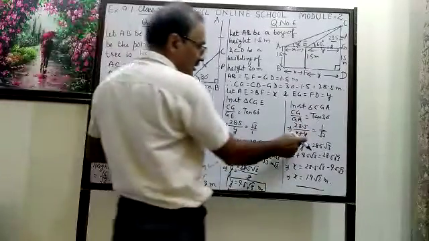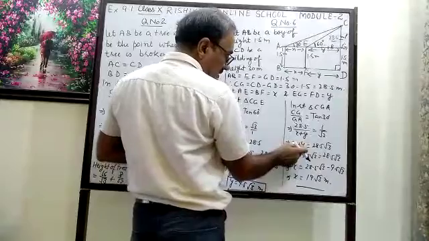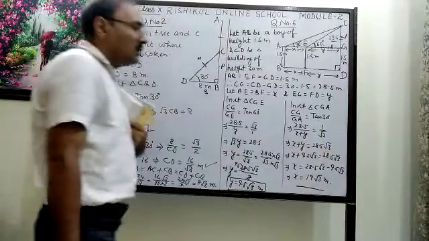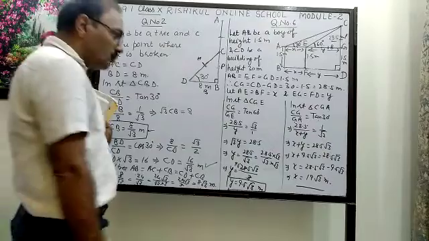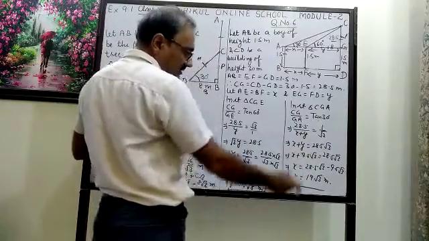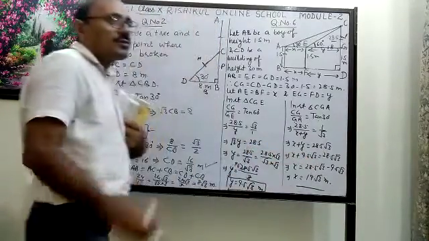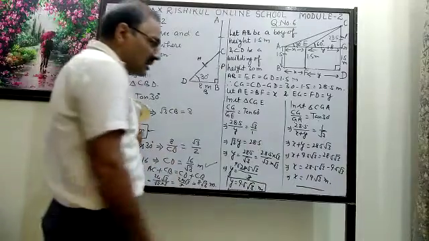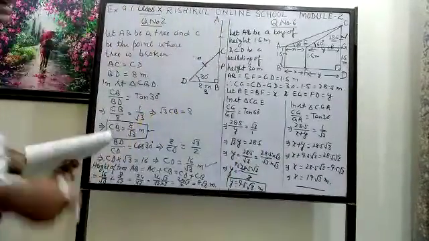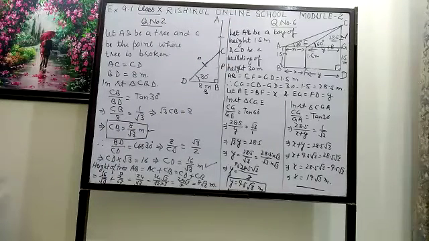Cross multiply: x plus y into 1, same, and 28.5 into root 3, 28.5 root 3. Here you put the value of y, 9.5 root 3, and this value transferred from left to right, the sign will be changed, and 28.5 root 3 minus 9.5 root 3, you will get x equal to 19 root 3.